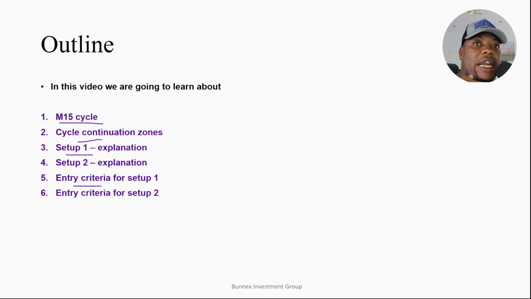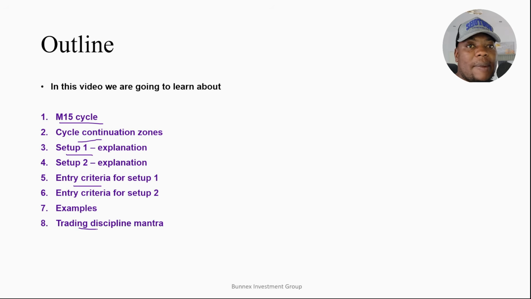That is basically laying out the things that you need to see for you to get entries in these particular setups. Then last but not the least, we are going to talk about examples. But that's not all, because we are going to delve into trading discipline. I'm going to give you a small snippet that will basically help you to trade with a conscious mind.